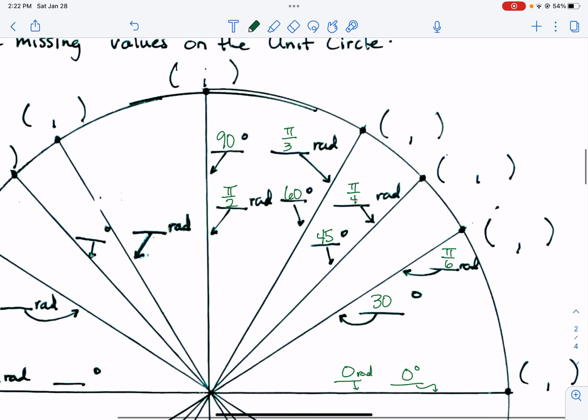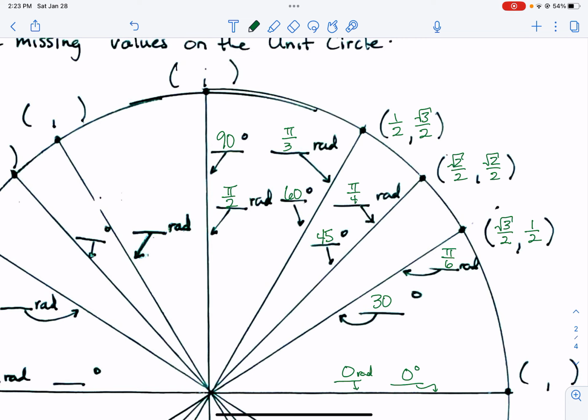And then remember, the coordinates follow a pretty consistent pattern. There are those square roots, and then you also usually have a 2 in the denominator. So this one over here, for example, is radical 3 over 2, comma 1/2. Then we have radical 2 over 2, comma radical 2 over 2. And then 1/2, radical 3 over 2.